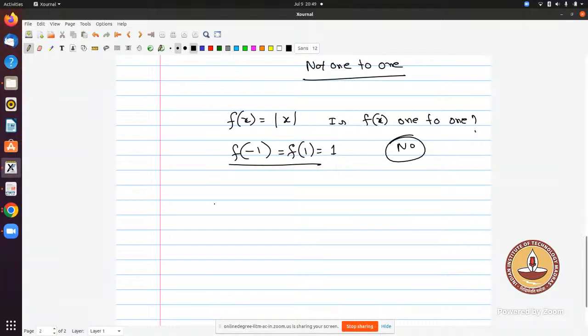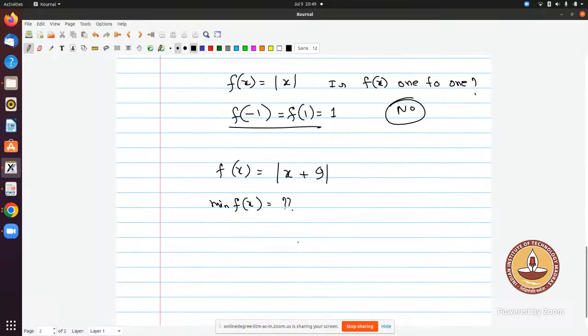Anyway, if I ask you this question, mod x plus 9, can you tell me what is the minimum value of the function? Some say 9, others say 0.